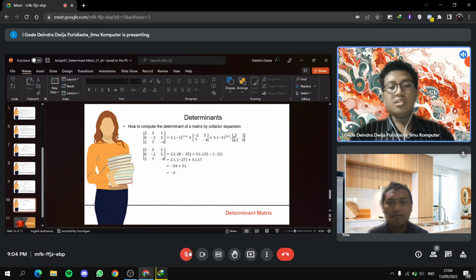And then it equals 2 times 1 times 8 minus 35, plus 3 times 1 times 15 minus negative 2, and then equals 2 times 1 times minus 27, plus 3 times 1 times 17, and then equals minus 54 plus 51, and then equals minus 3. So this is the result.